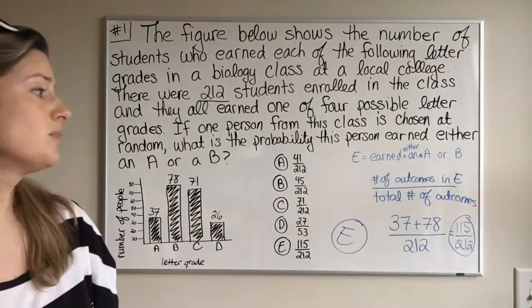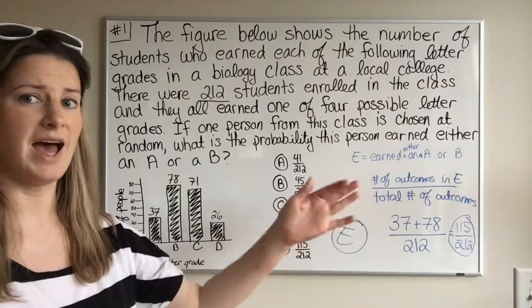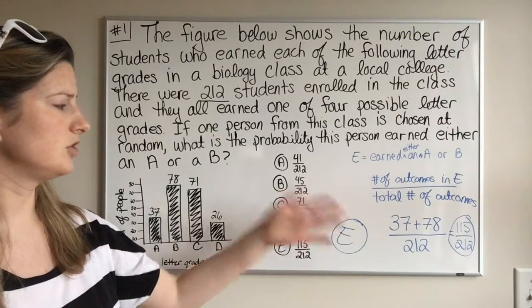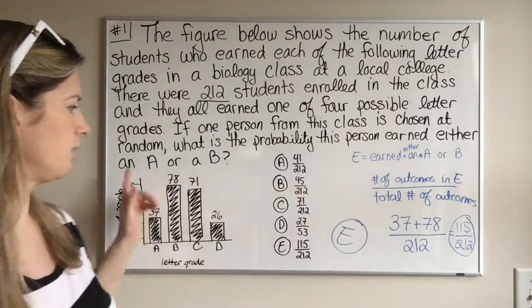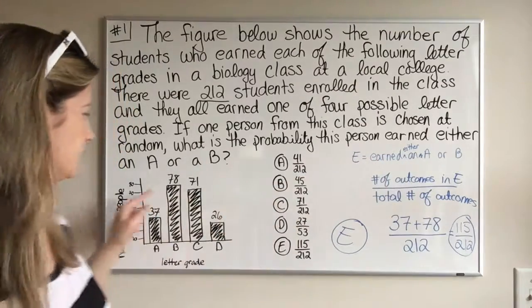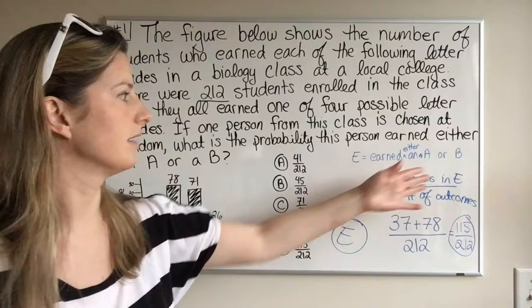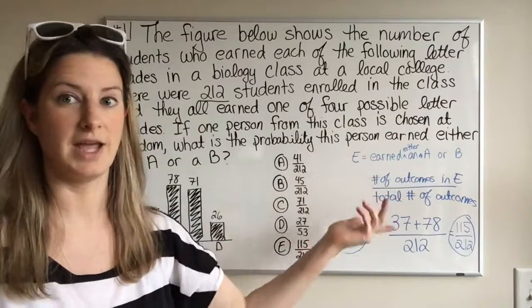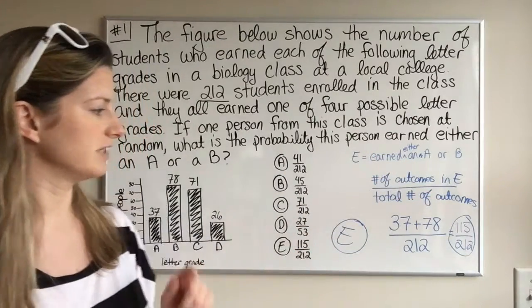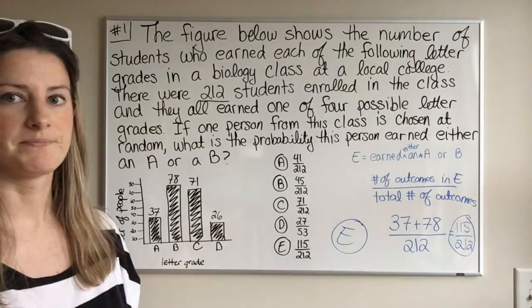Basically, just think about the number of outcomes in E. How many students will give you what you want, and what you want is an A or a B. So 115 of them will satisfy the event that you want, and there are 212 together, so the answer is E.